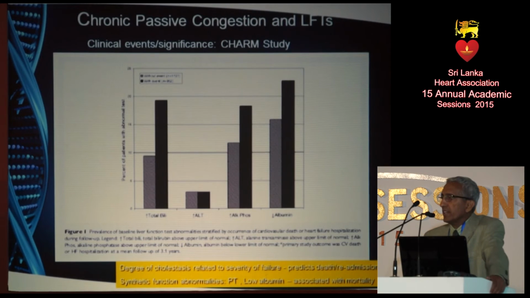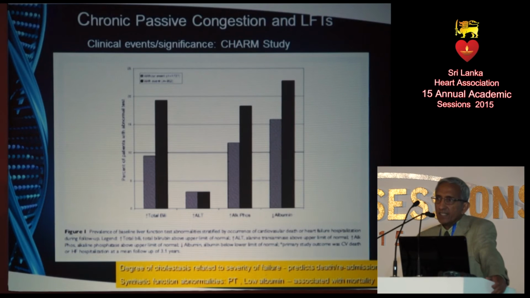This study looked at patients from the CHARM study, people who had chronic heart failure, to see what effects the heart failure had on liver parameters, biochemical parameters, and then what effect the abnormalities in the biochemical parameters had on the prognosis.